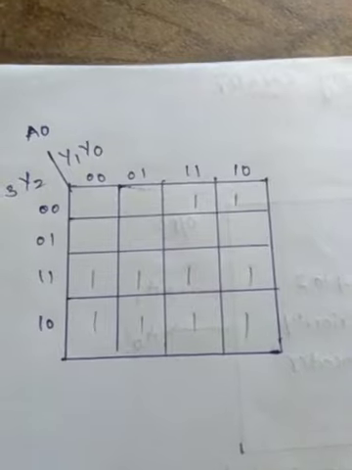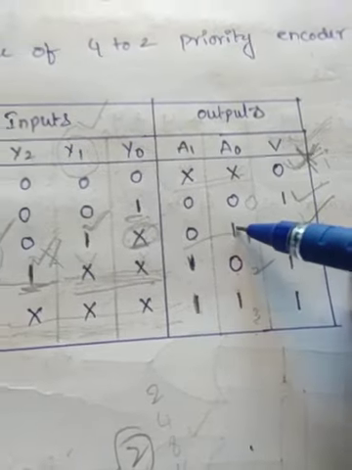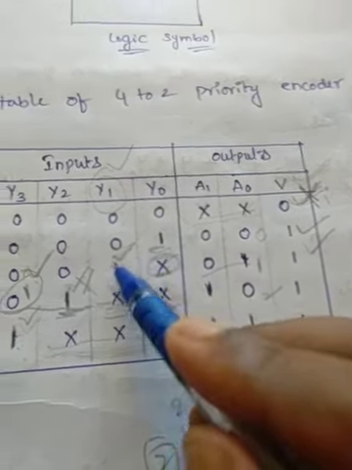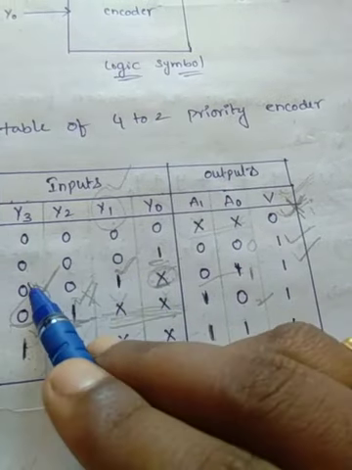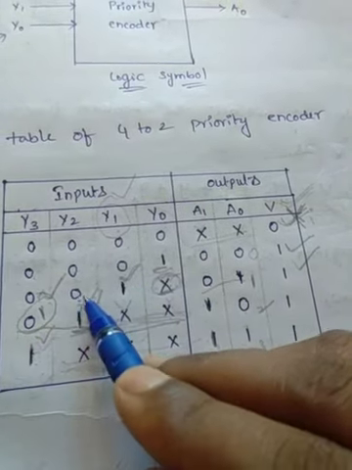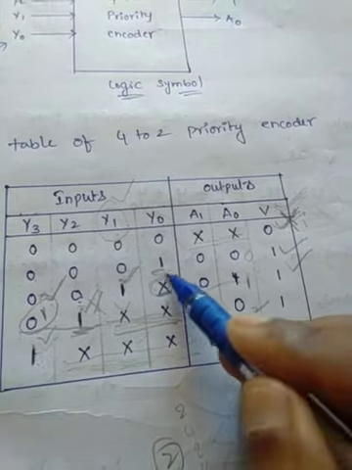Next, similarly for a0, the mapping is like this. Let us see. a0 is high when y1 is high and y3, y2 are zeros and y0 is don't care.